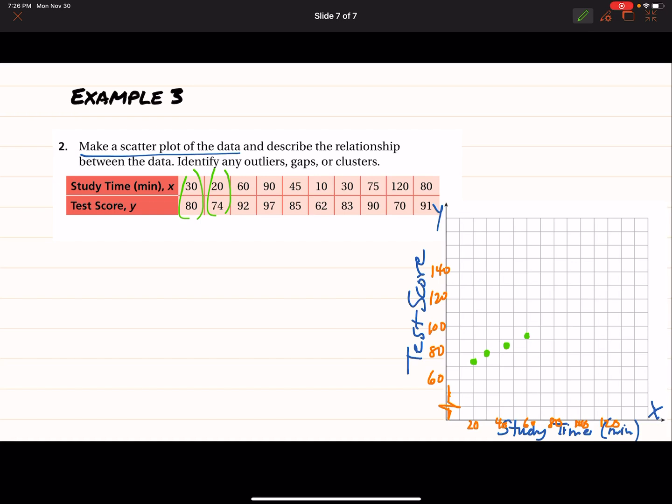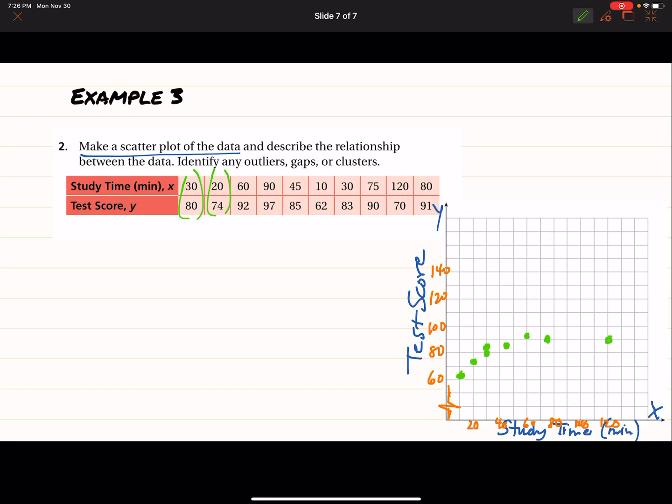10 and 62. 30 and 83. Very close there. 75 and 90. 120 and 70.